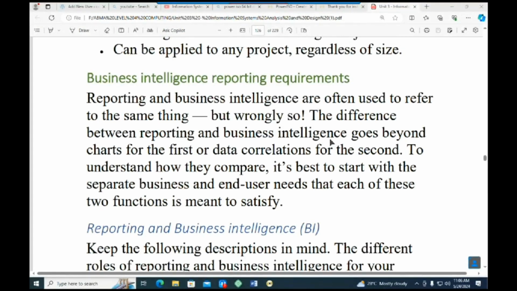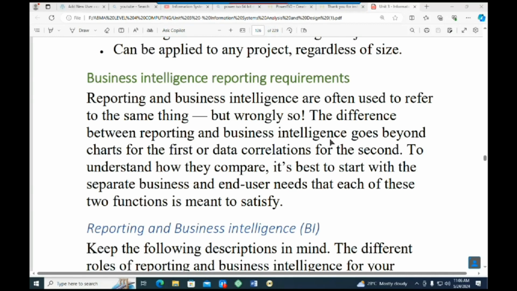Normally we use the business intelligence reporting requirements to just refer to reporting. We normally use them as the same thing, but that is a wrong way because there is a difference between reporting and business intelligence.